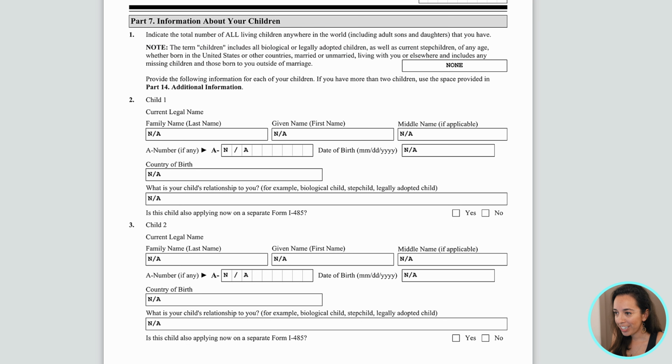If you do have children, you would fill this section out here. If your application does include a K2, you would fill out question 2 with their name and information, and also check the box that says yes, this child is also applying now on a separate I-485 form.